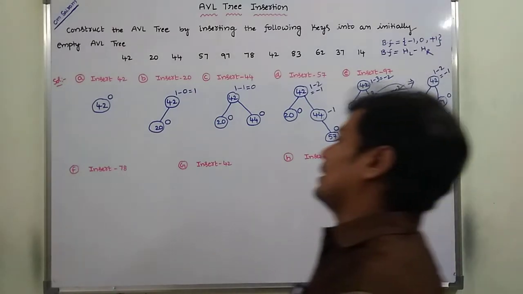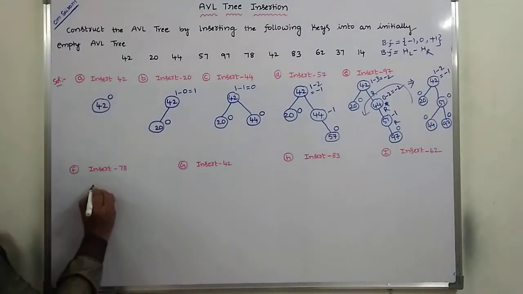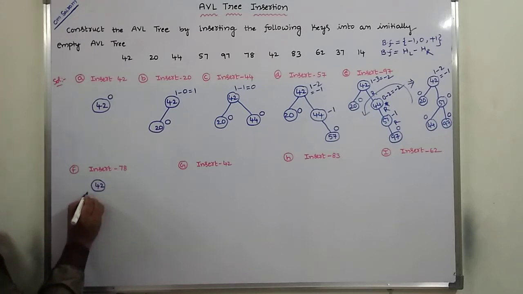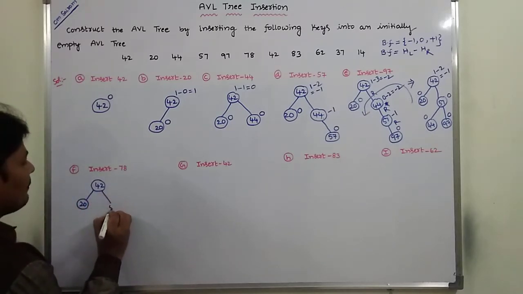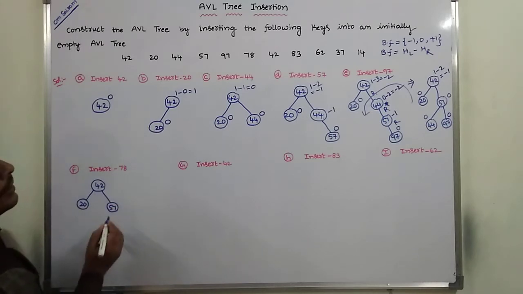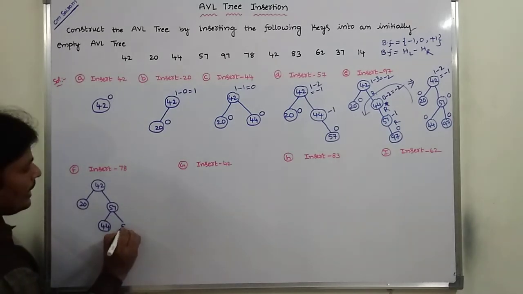Next we are inserting element 78. Before inserting element 78, what is the tree we are getting? 42 is the root node. Its left child is 20 and right child is 57. Next, the left child of 57 is 44 and the right child of 57 is 97.